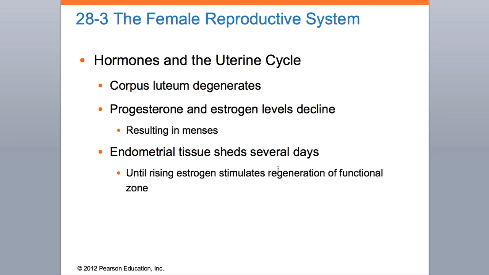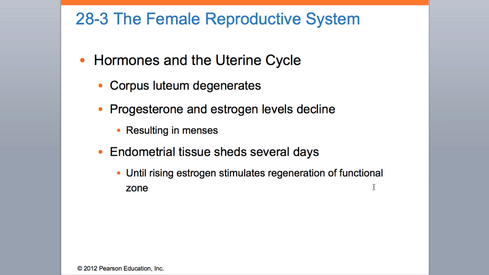All right, we've also talked about this. When progesterone and estrogen go bye-bye, because the corpus luteum goes bye-bye, what will happen? Menses. And it's going to shed for several days, usually 1 to 5. Okay? Until the rising estrogen stimulates regeneration. So when the next cycle starts all over again after day 5, because of what?